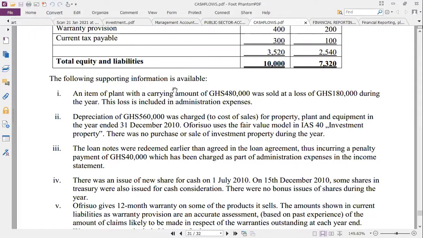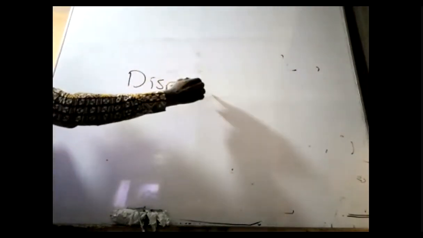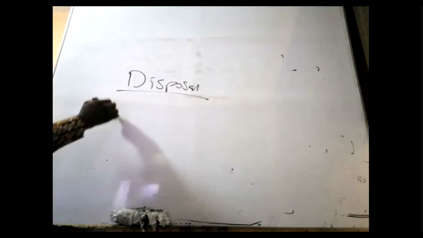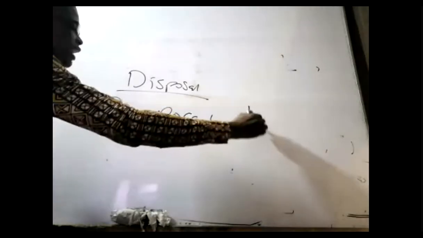So this is disposal. Anytime there's disposal, you need 3 items. The first is the proceeds, how much they sold it for. The proceeds go to investing activity as an inflow.